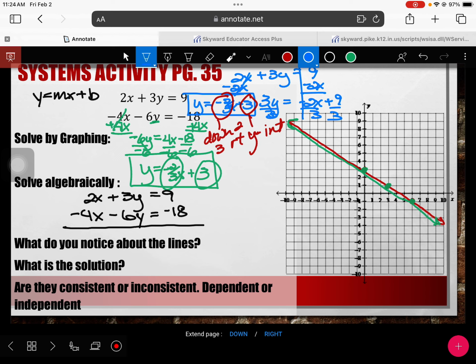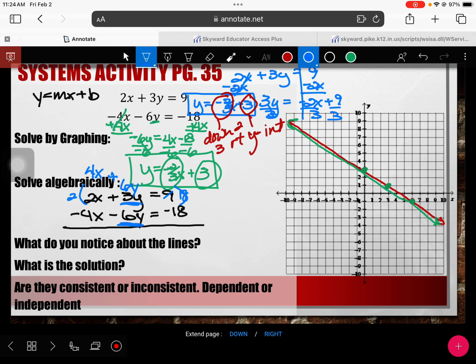The y's. Okay, so if this is negative 6y, let's get this to be a positive 6y. And what can I multiply all of this by to give me that 6y that I need? 2. So 2 times 2x is 4x, plus 2 times 3y is the 6y, and 2 times 9 is 18. Wow, this is looking funky.